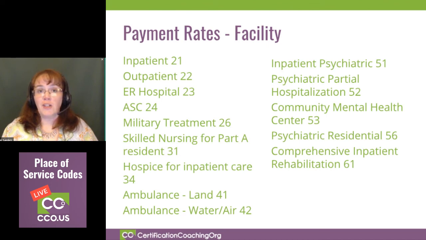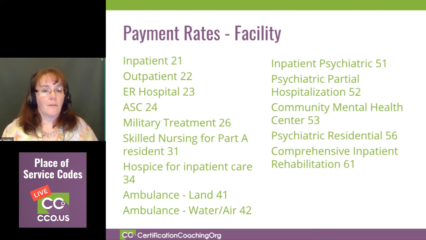Inpatient, outpatient, our ER hospitals or ambulatory surgical centers, military treatment facilities, skilled nursing for a Part A resident. So there's services that are included under Medicare Part A when you're at a skilled nursing facility. There's also services under Part B when you're at a skilled nursing facility.